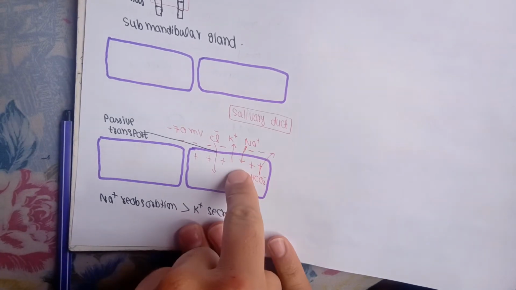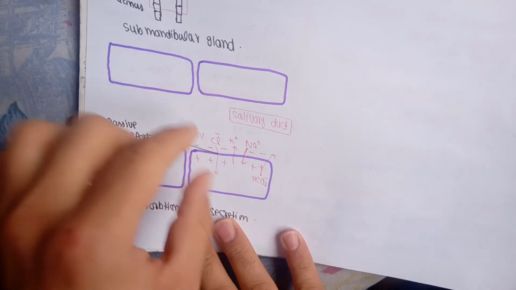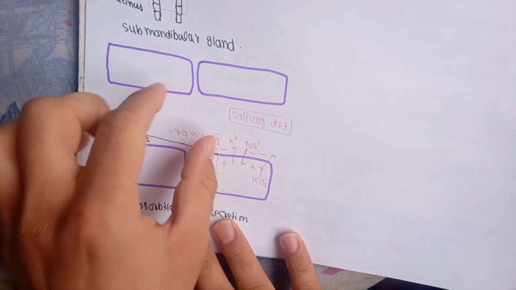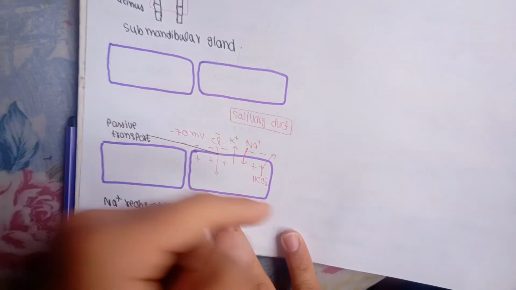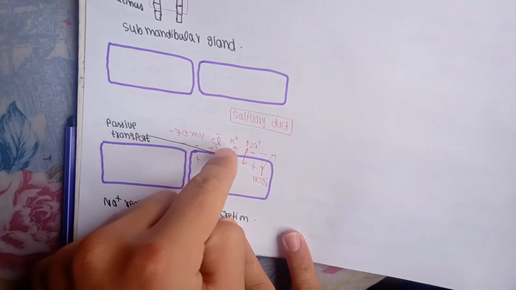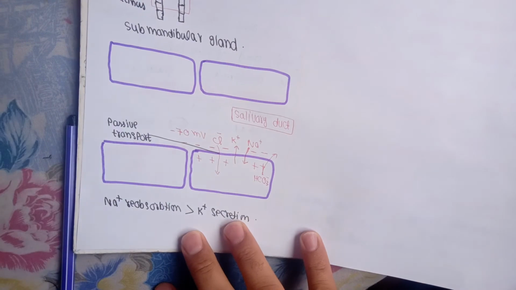When sodium ion is reabsorbed from the saliva, the concentration of sodium ion becomes low. Another reabsorbed ion, chloride ion, is reabsorbed, so its concentration in saliva becomes low. Potassium ion is secreted, bicarbonate ion is secreted. That is why the concentration of potassium and bicarbonate ion in saliva increases.